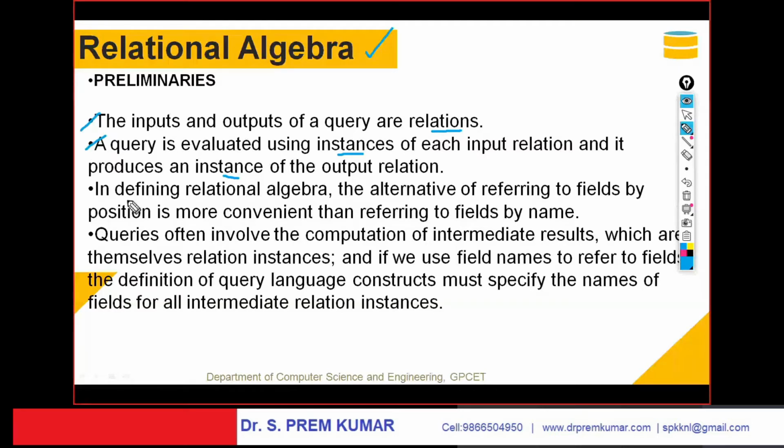In defining relational algebra, the alternative of referring to fields by position is more convenient than referring to the fields by name. Here the positional representation is important.